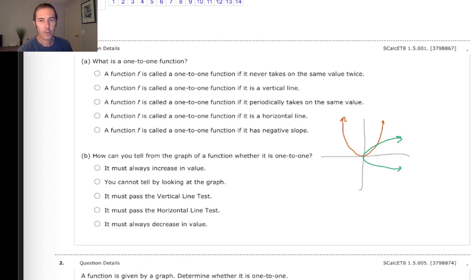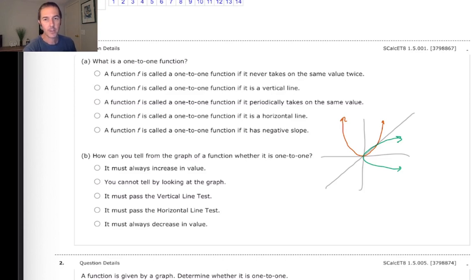Visually, graphically, you can take your initial graph and reflect it over the line y equals x. The red and green graphs here are reflections of each other over the line y equals x that I just drew, that diagonal line through the first and third quadrants.